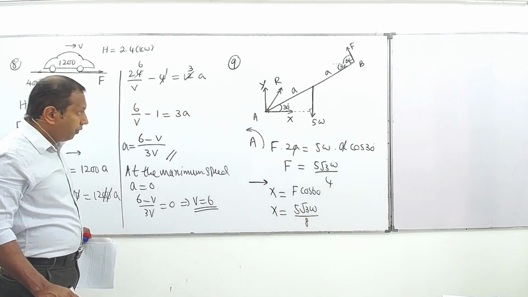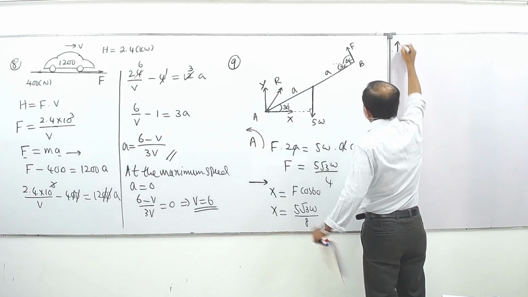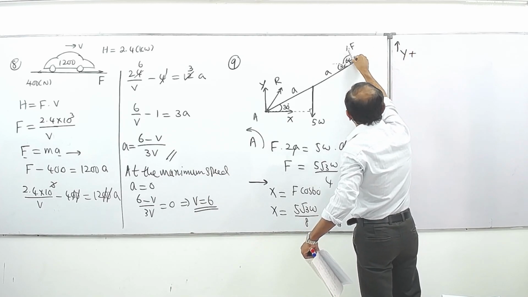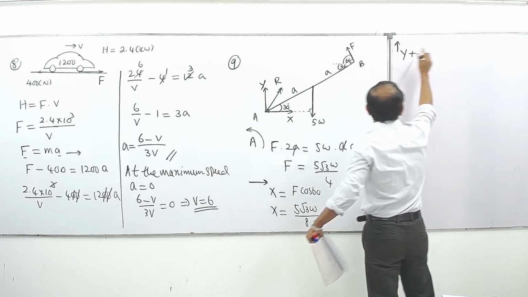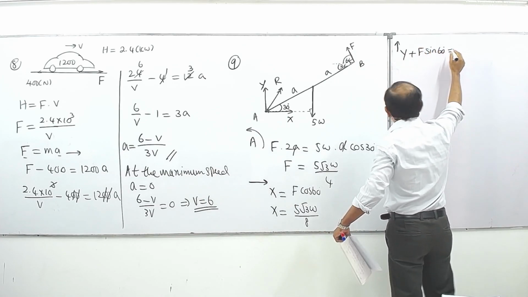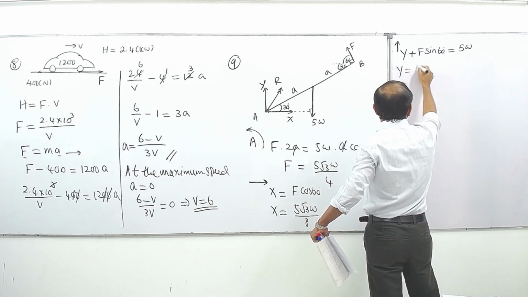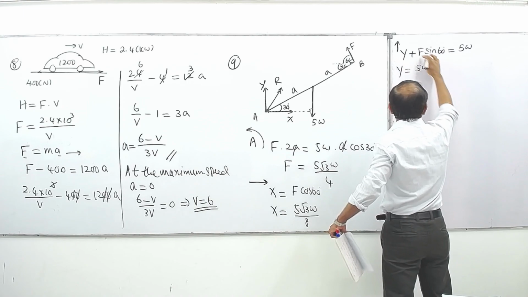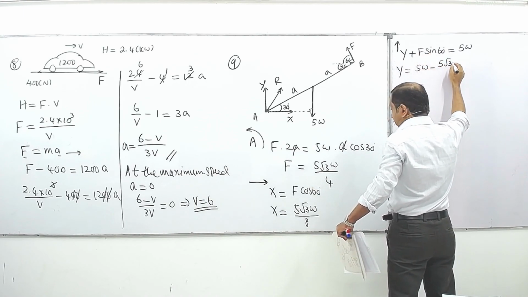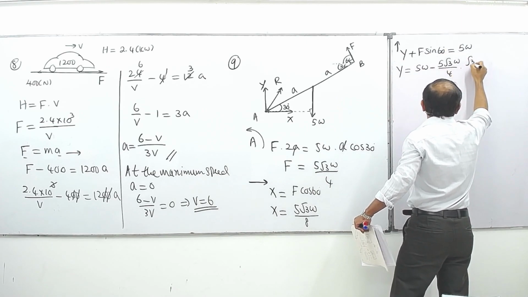Right. Resolving vertically, we get Y plus F sin 60 is equal to 5W. Y you can write 5W minus F, 5 root 3 W by 4, sin 60 means root 3 by 2.